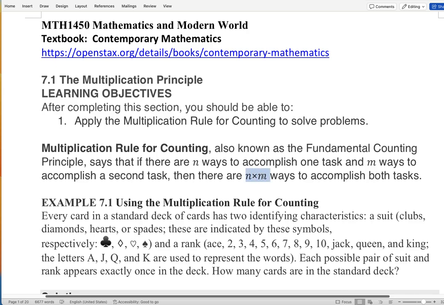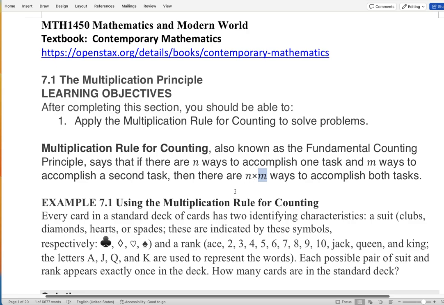It's a multiplication. N is the number of different ways to accomplish the first step. M is the number of different ways to accomplish the second step. So the total number of ways to accomplish the entire task is n by m. That is the multiplication principle.